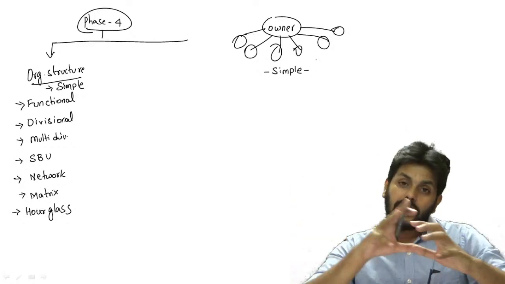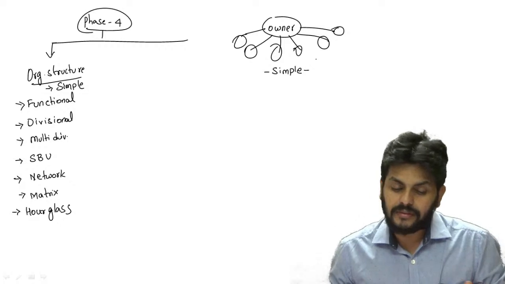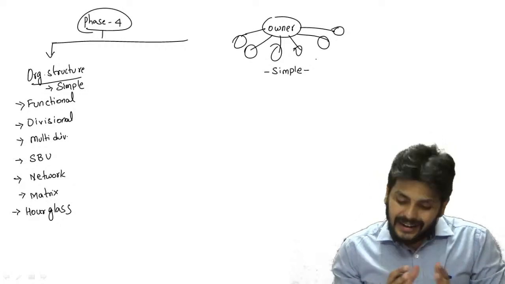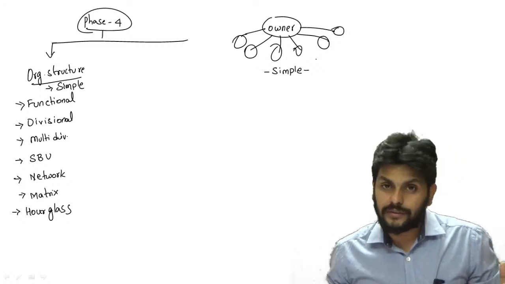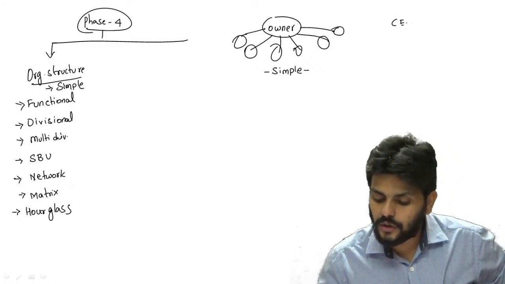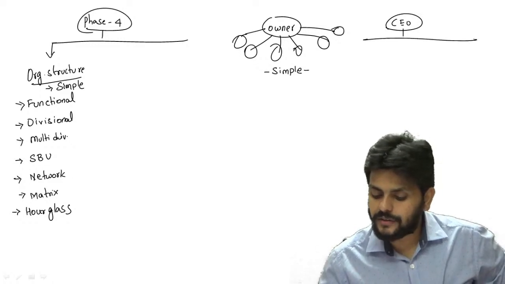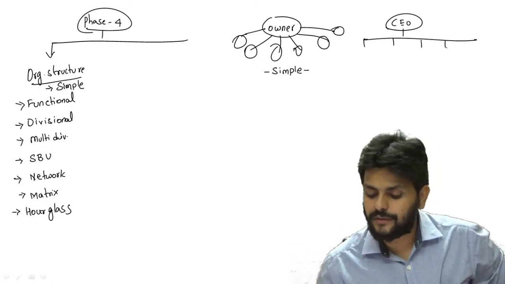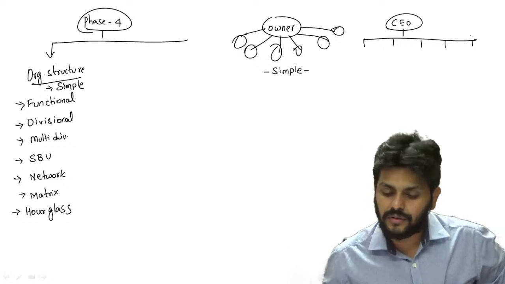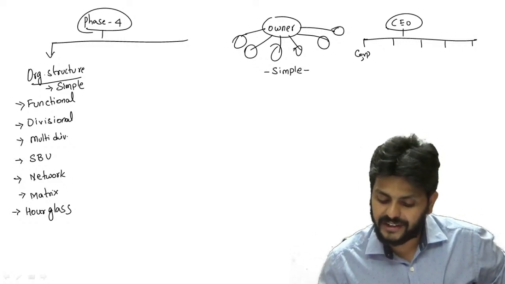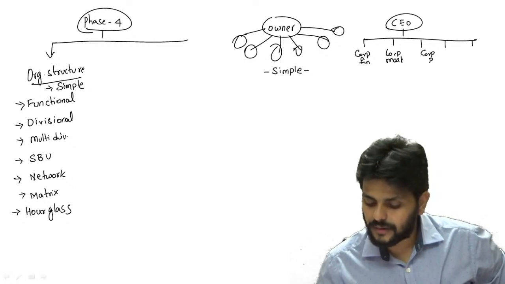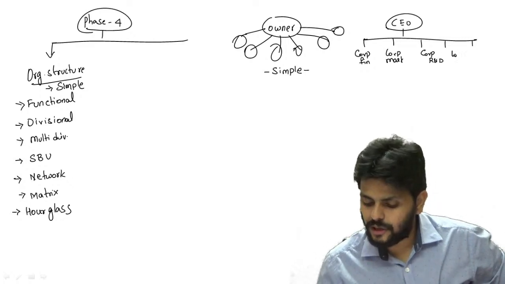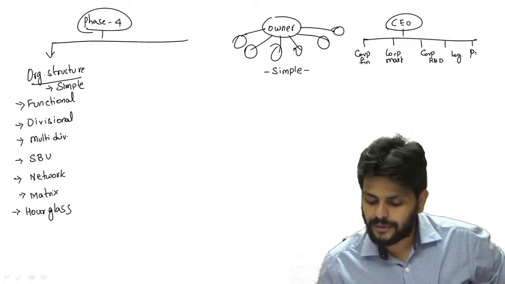But when this goes a little broader, and this develops into a classification function wise, there is a CEO on the top, and under the CEO there are all corporate heads, that is the different heads of department. Here we have corporate finance, corporate marketing, corporate R&D, and we have logistics and corporate production heads.